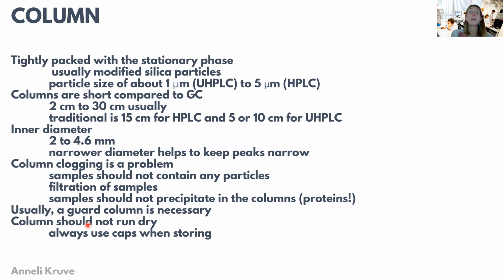And another thing is that columns should also not dry out. So that means that if you are not using the column, then the column ends should be closed with specific caps. Otherwise, the stationary phase will get chemically damaged, especially in case of reversed phase chromatography.